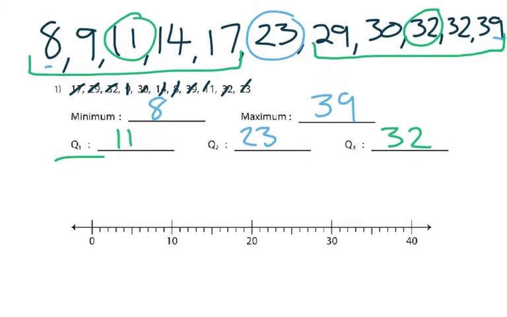Once you have those 5 key points, what you then do is pop them on the number line, but we just draw them just above. I usually go through and just put a dot, trying to draw them mostly in line. And then once I've got those 5 dots, I join them up.